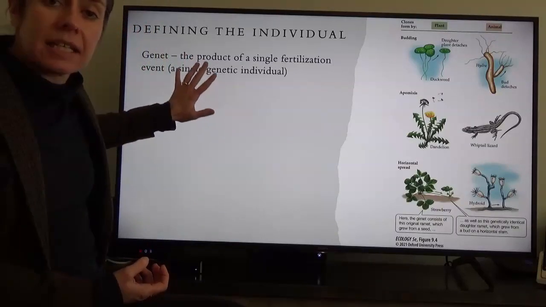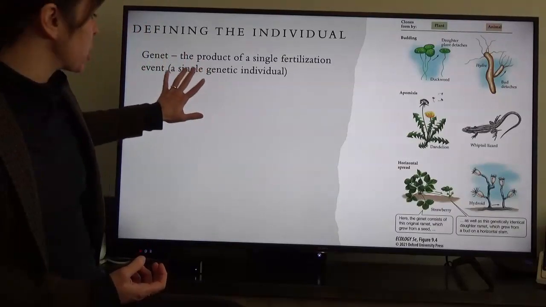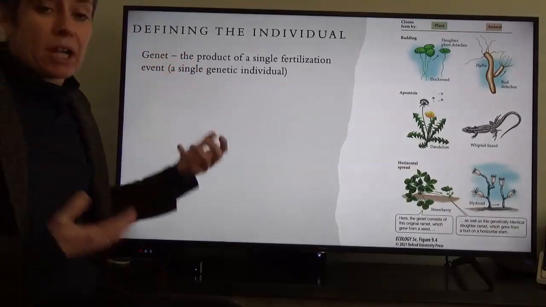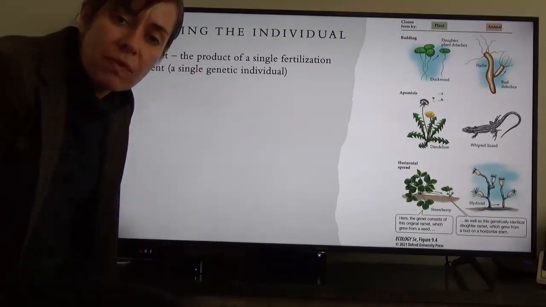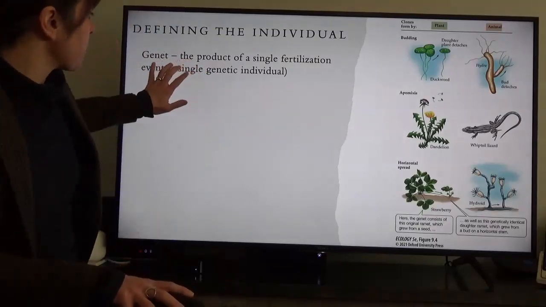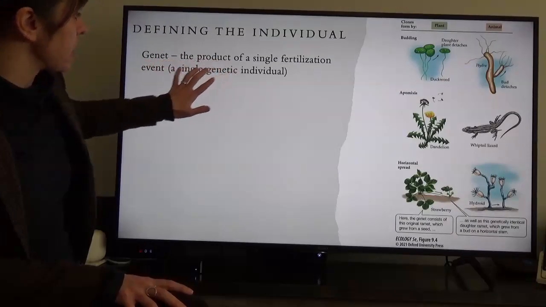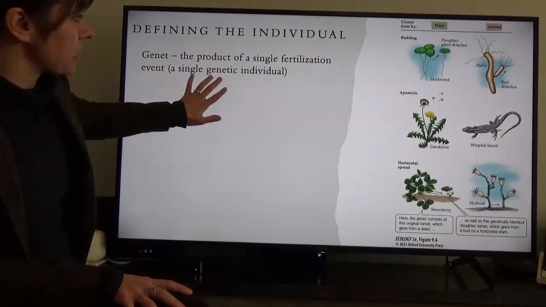But it does again muddy the waters a little in terms of our definition of individual. And so biologists have of course come up with ways to define this. First of all, a genet is the product of a single fertilization event. So a single genetic individual.